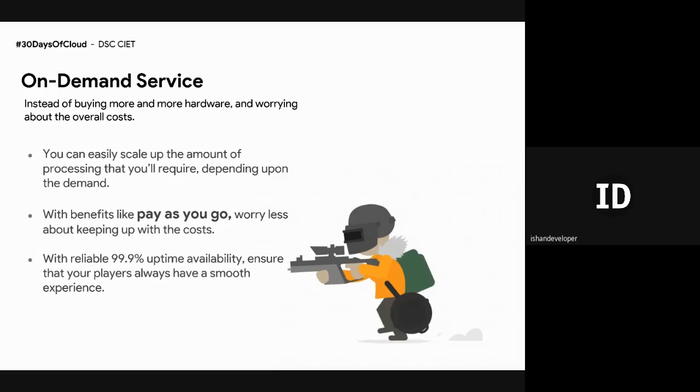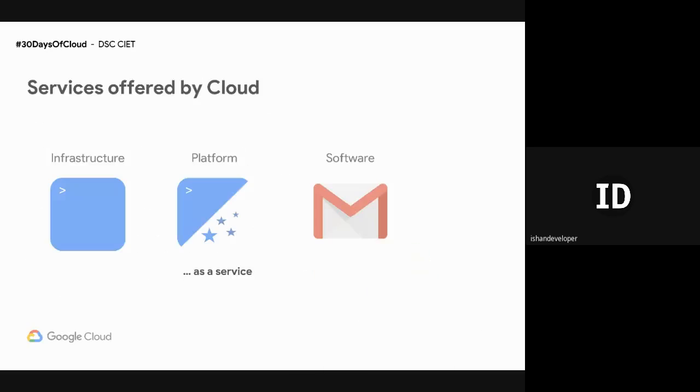Now let's see what the different services offered by cloud are. There are basically three main types of services, which are offered by most cloud providers. AWS also offers these services, and yes, Harshit, that was correct: Infrastructure as a Service.